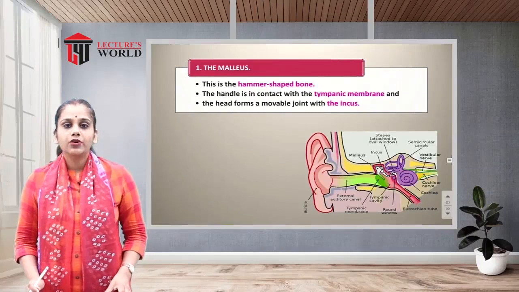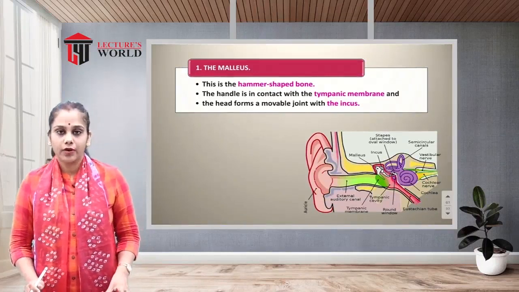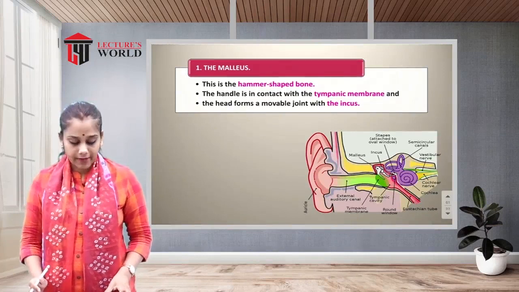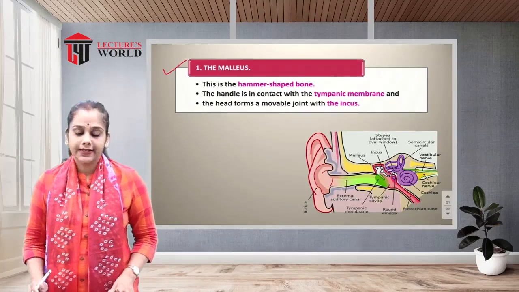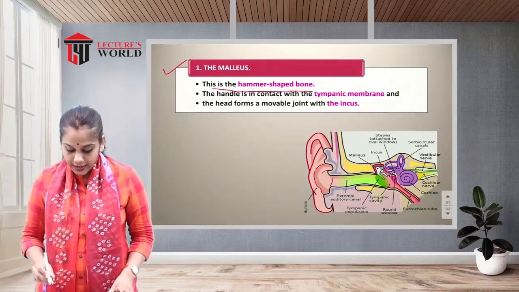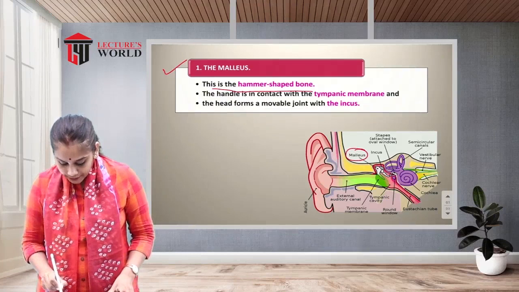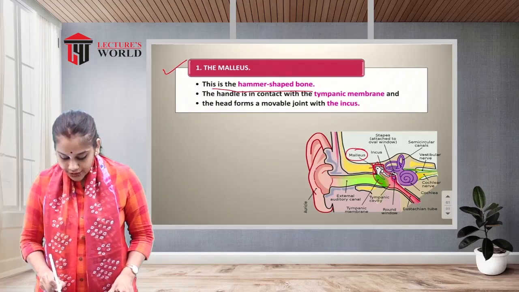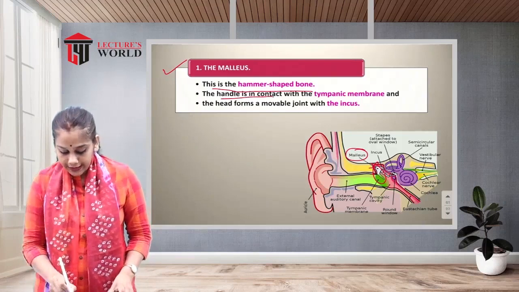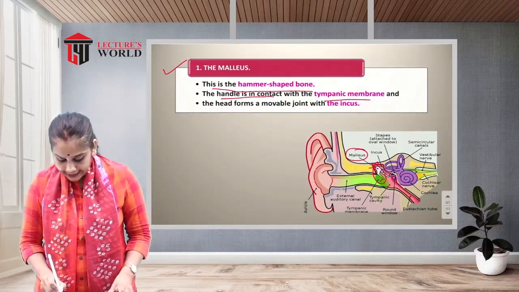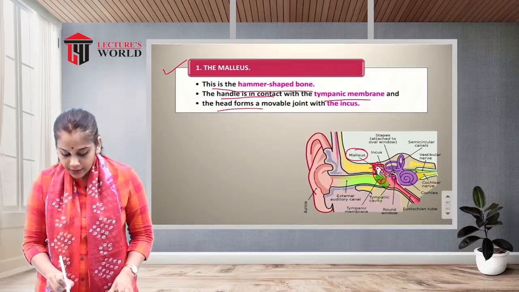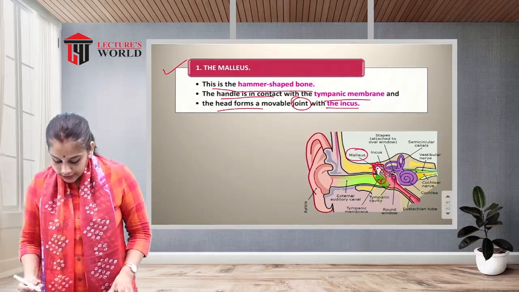So let us see about the malleus. It is the first bone, located at the side of the tympanic membrane. The malleus is a hammer shaped bone. The handle is in contact with the tympanic membrane, and the head forms a movable joint with the incus.